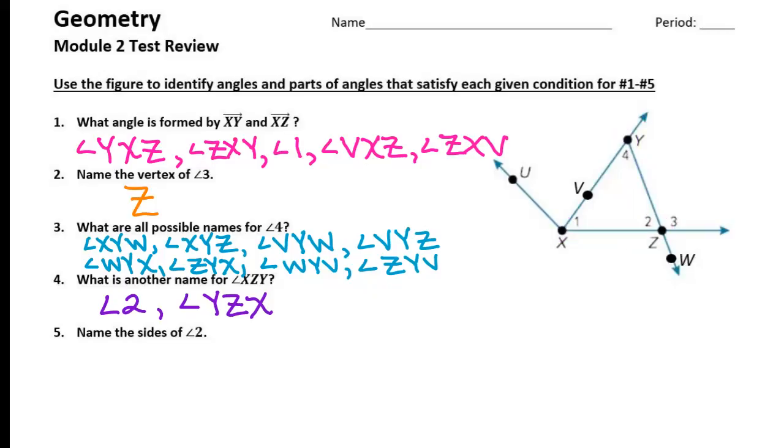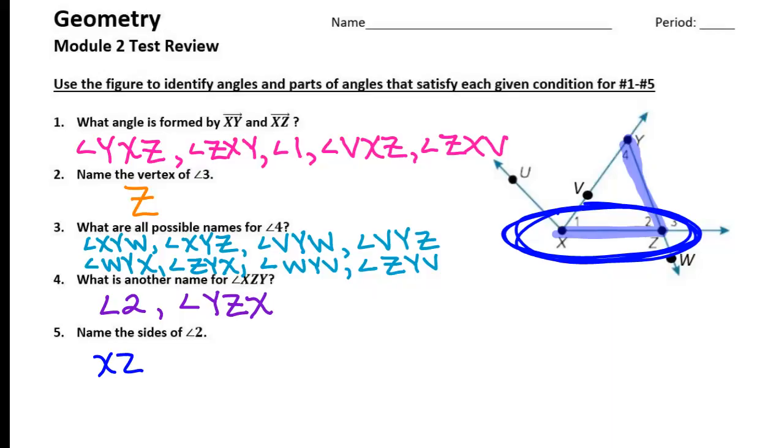Last one here is asking us to name the sides of angle 2. So once again, we're going to look at angle 2. This is one of the sides of angle 2. What would the name of that side be? XZ. It is a segment because there is not an arrow over where X is.